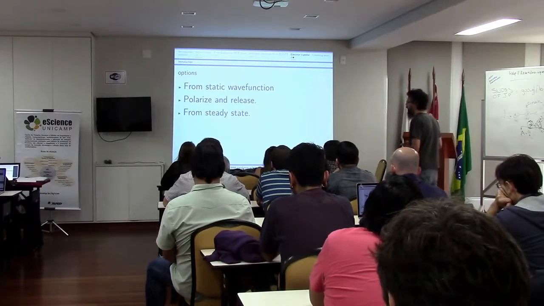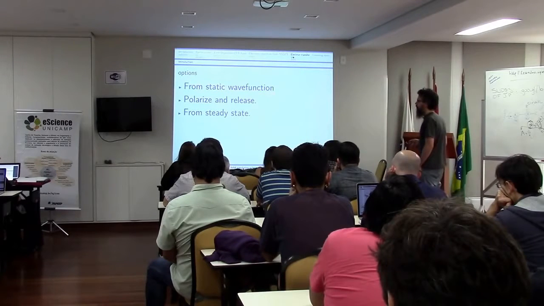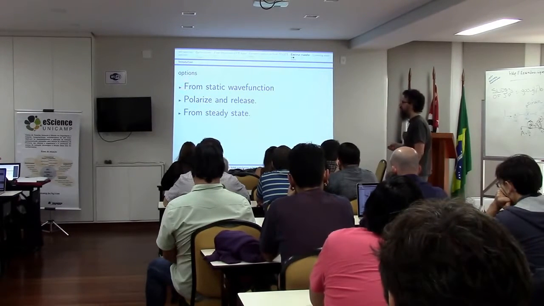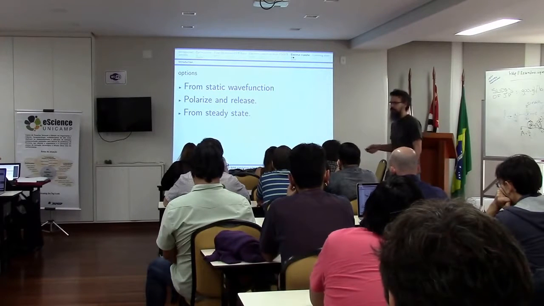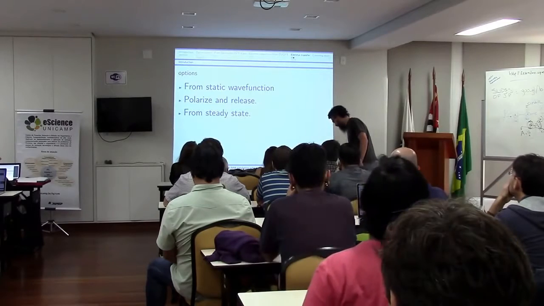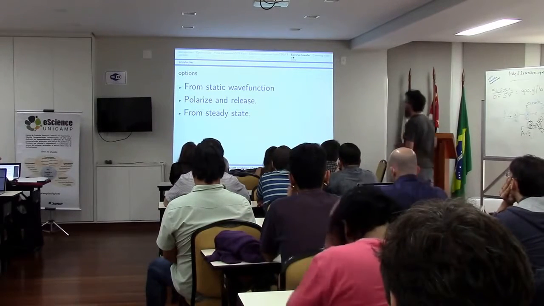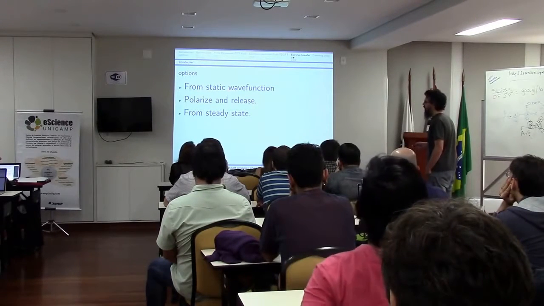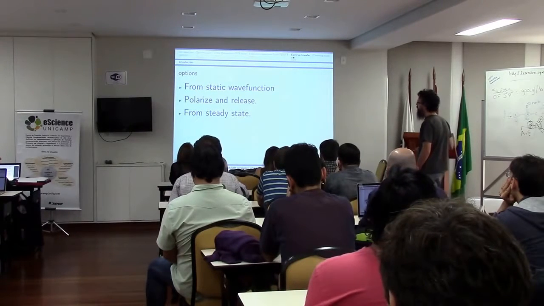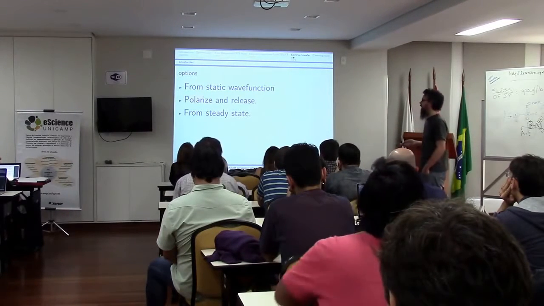There are some developments in this, but there are some problems like coherence. In some systems this doesn't work very well. I don't have time to enter into details. It works well for many systems, but not for all.